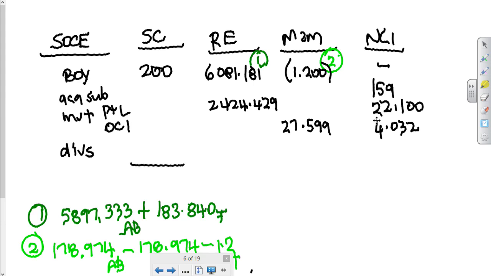Did the subsidiary pay a dividend? The sub also paid a dividend. Yeah, the sub paid a dividend of 15,000.